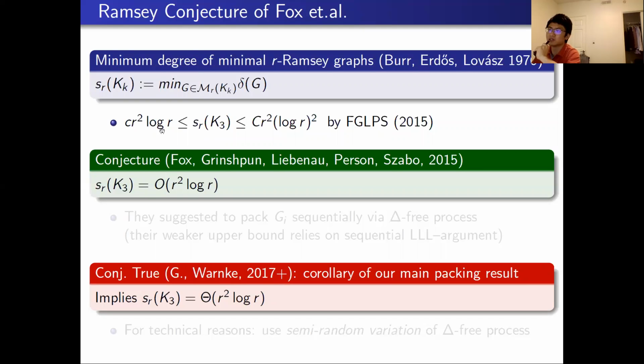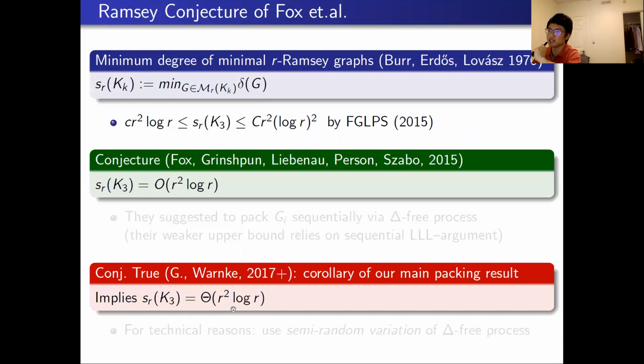They believed their lower bound is correct, so they conjectured that s_r(K_3) is at most r squared times log r. And we prove such a conjecture. It implies that s_r(K_3) has the order of magnitude r squared times log r.